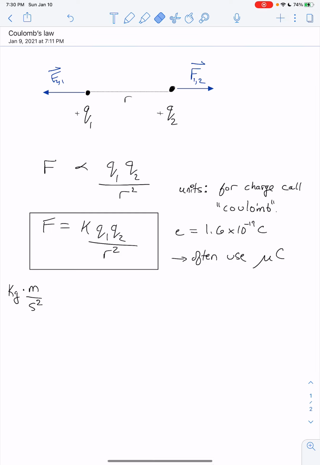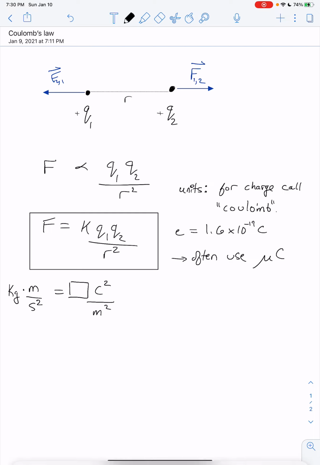That's on the force side, and the units have to be equivalent on the other side. We don't know what the units of our constant K are, but we've got coulombs and coulombs again, so two charges, over some sort of distance, so over squared meters.